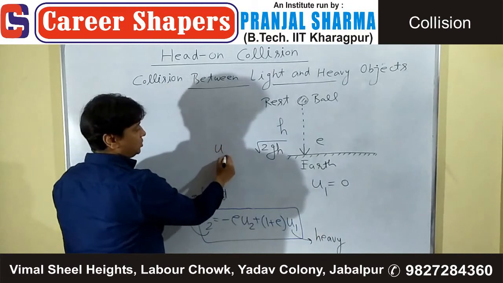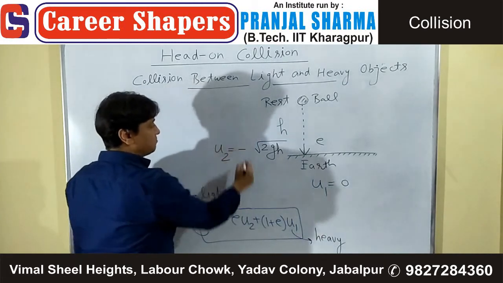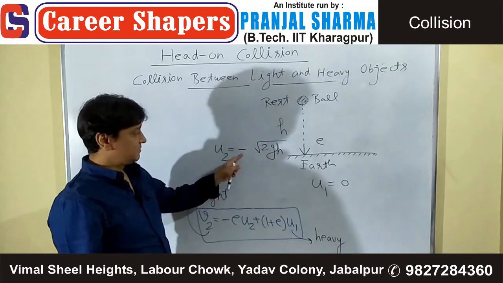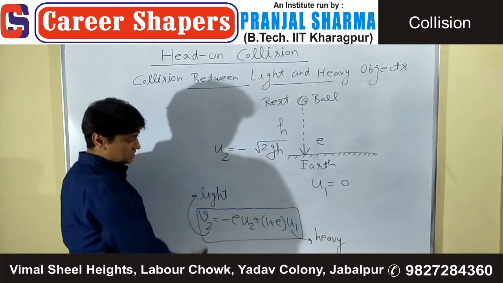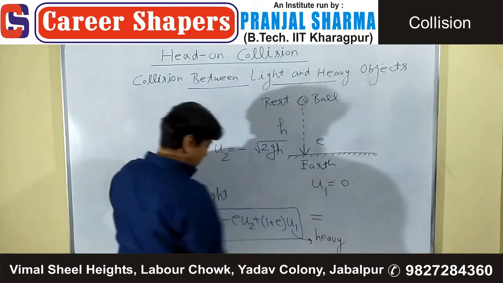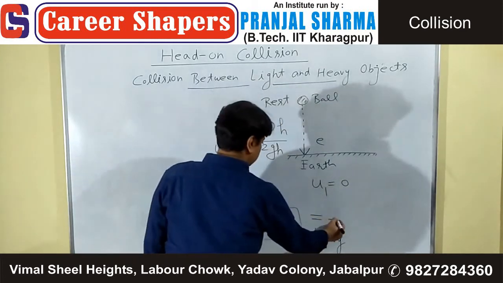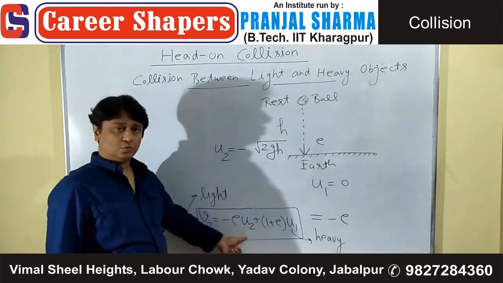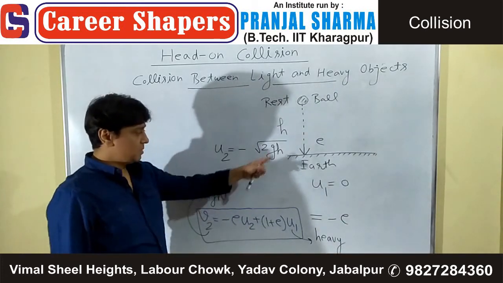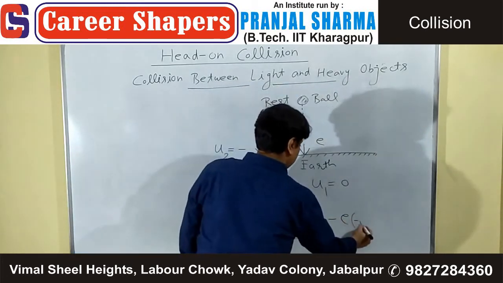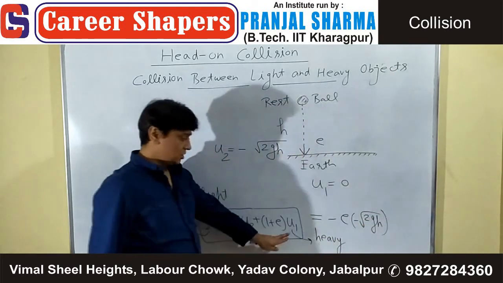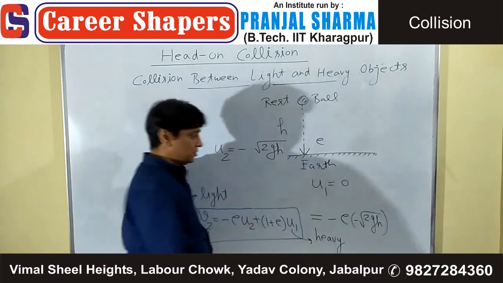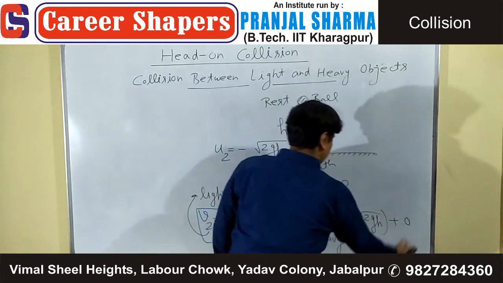If I say u2, take minus of root 2gh, negative sign for downward. Let's put these values in this. Minus of e times u2. What is u2? Minus of root 2gh. u1 being 0, this part is 0.